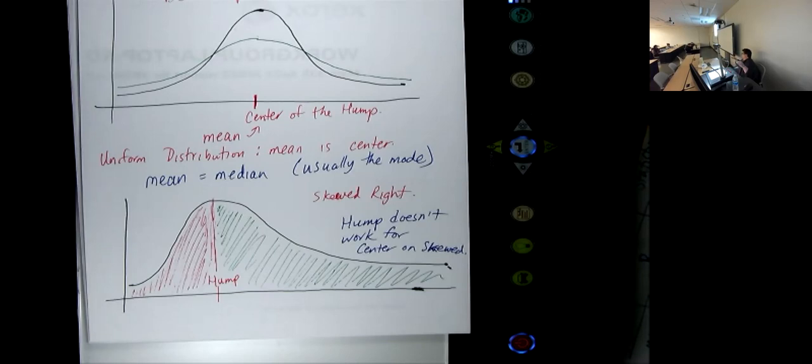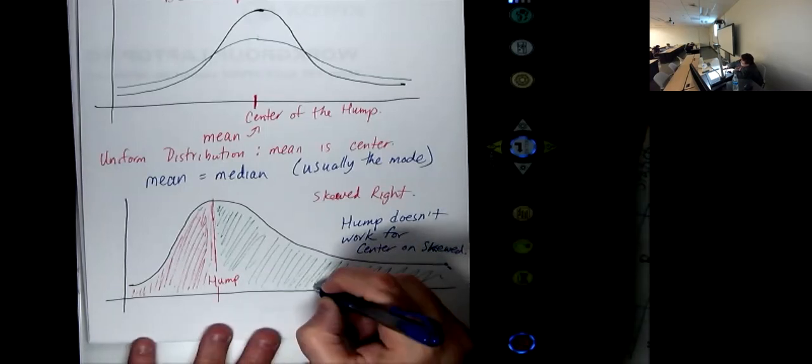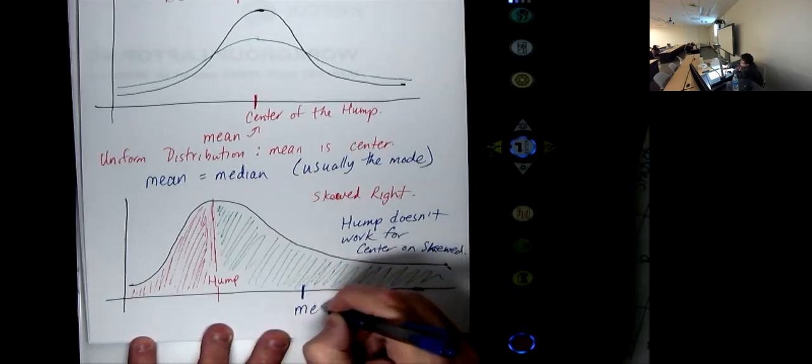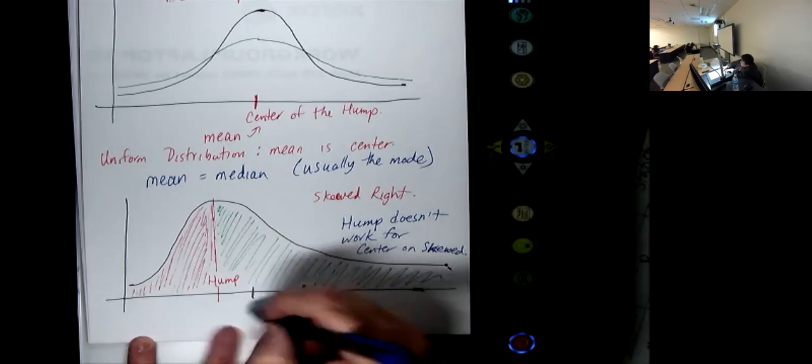So if we took anyone's income in this room, it'd be closer to the median than Elon Musk's. So the mean is generally much further to the right, in the direction of the skew, than the median is.